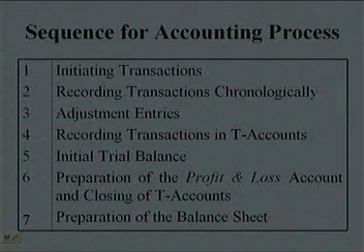How to record transactions in T accounts was not discussed in detail in the previous lecture, that we will see in today's class. Then the fifth step is to prepare the initial trial balance. Finally, we prepare the profit and loss account and close the T accounts. T accounts are also known as ledgers. And finally, all these 6 steps lead us to the preparation of the balance sheet. So, these processes are followed in a formal accounting process.